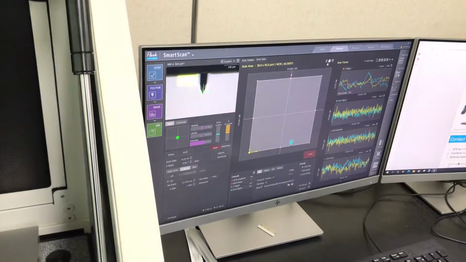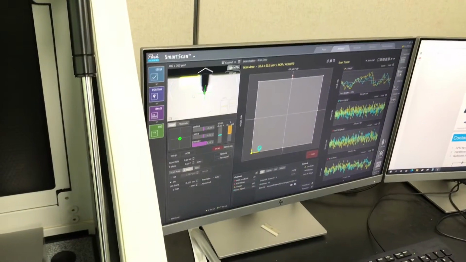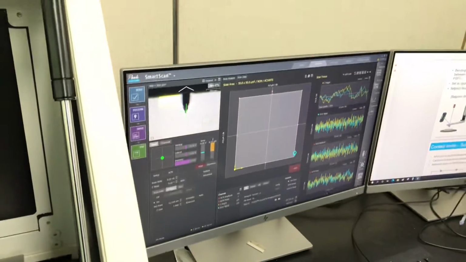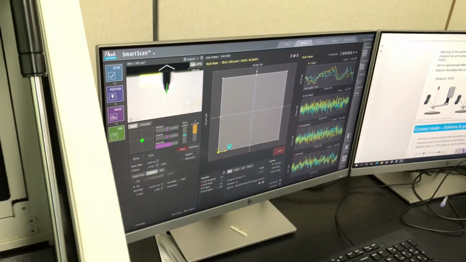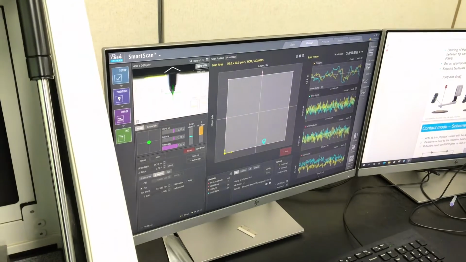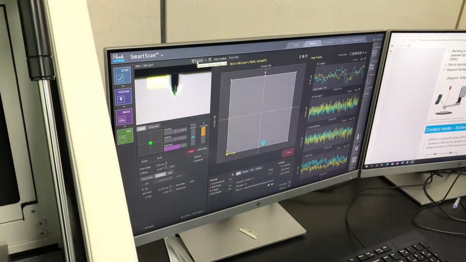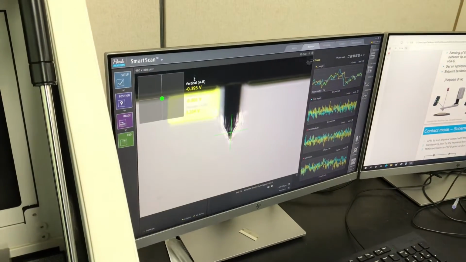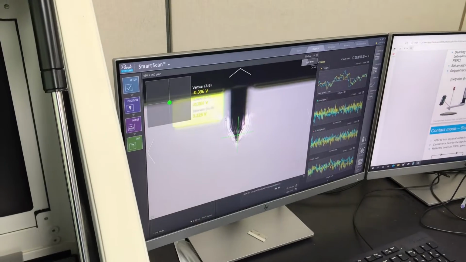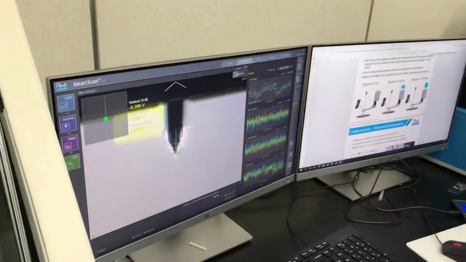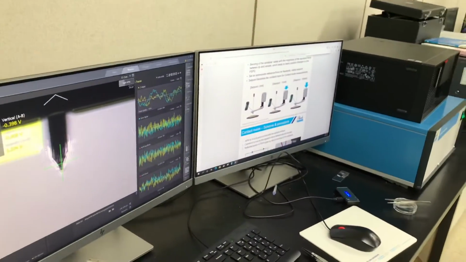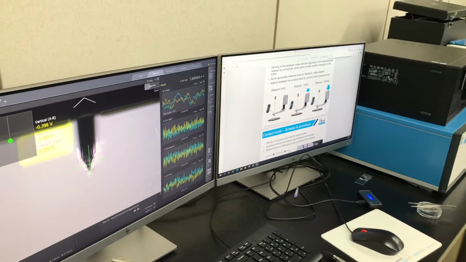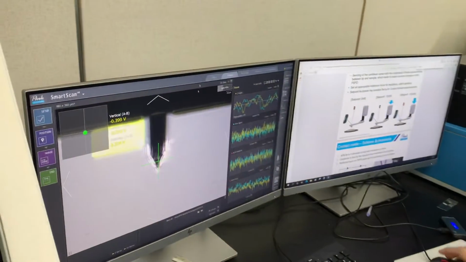At the time, you don't have to move anywhere, because the distance is already adjusted, so you don't have to move the tip.